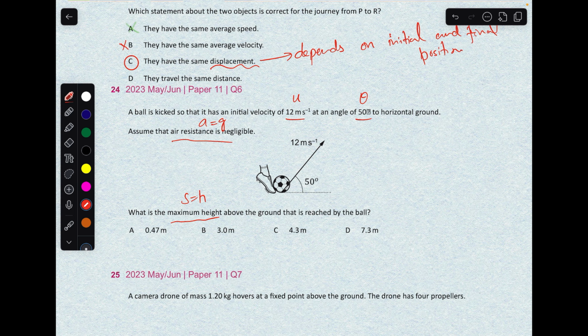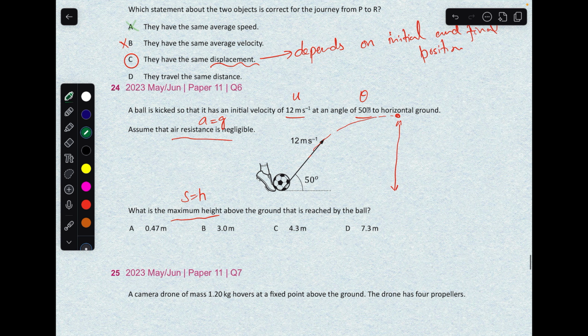Okay, again you have u, and if you have to find the height, this ball will move like this. It will reach the maximum height. You have to find this. At the maximum height, we know the vertical component will be equal to zero.